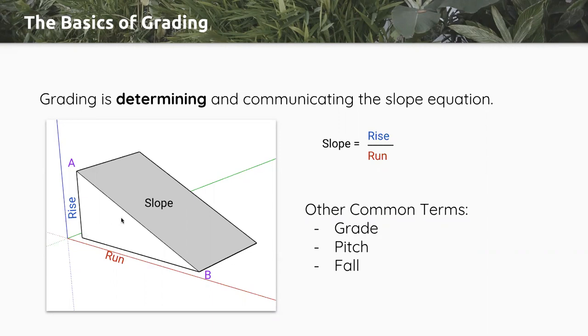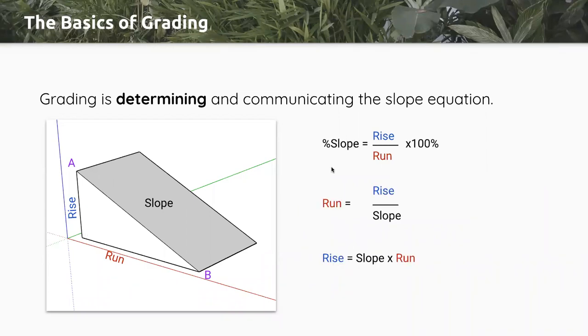If we go into it though, there's a few variations of this slope equals rise over run that are also important to understand. And that's all of these. This is because in the course of grading, when we're grading out a design like a parking pad or a walkway over a hillside, anything like that, you are going to need to figure out any missing numbers in this entire situation.